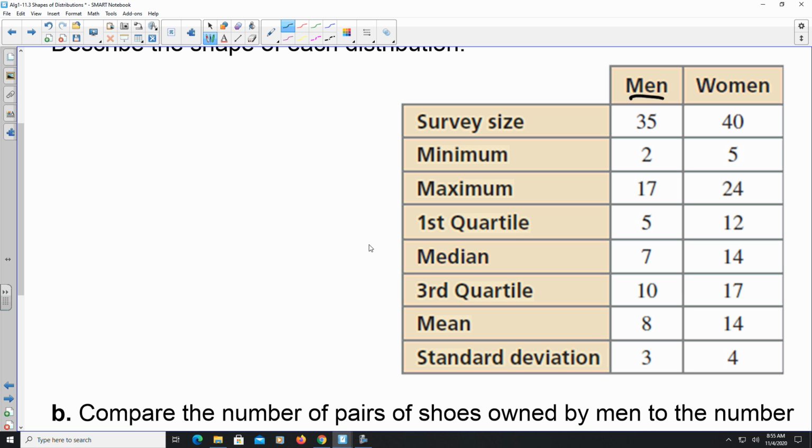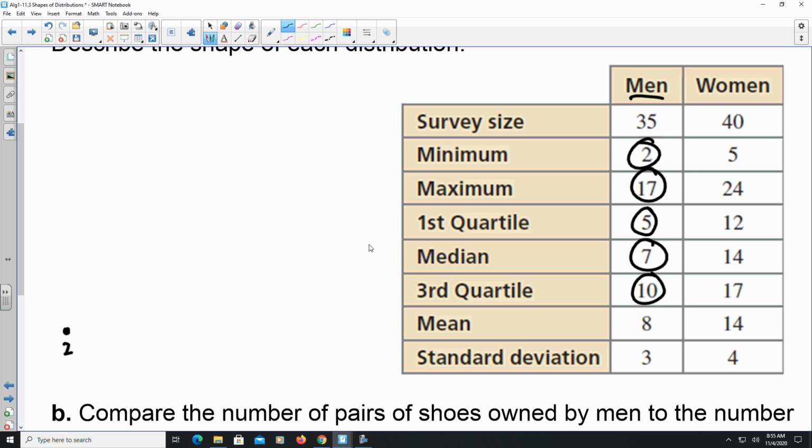Well, we got to find the median. So the median is here. We got to find the first quartile, third quartile, and minimum and maximum. So looking at that, if I go here, I got 2.